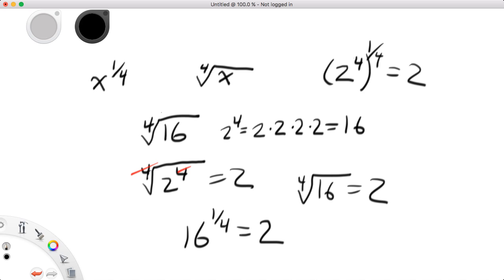And here we go again. Since the fourth root of 2 to the 4th power is 2, that means 2 to the 4th power times 1/4 has got to equal 2. And that works because, remember, when you're raising a power to a power, it's multiplication.